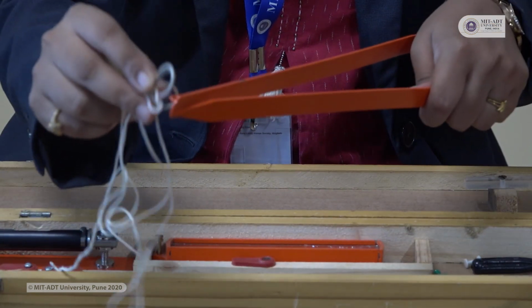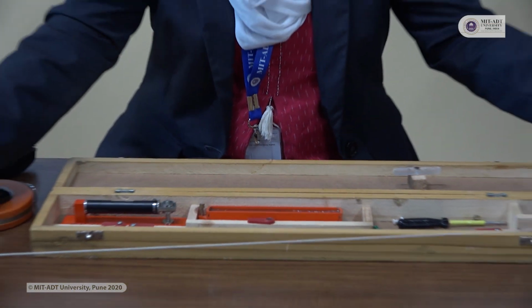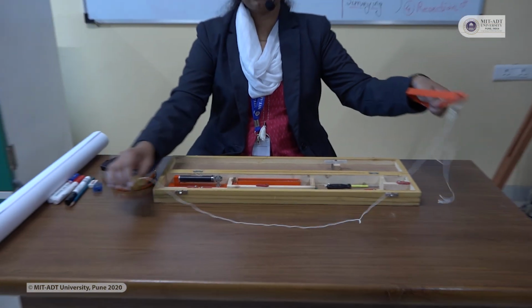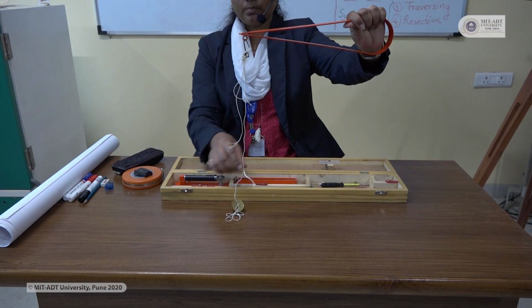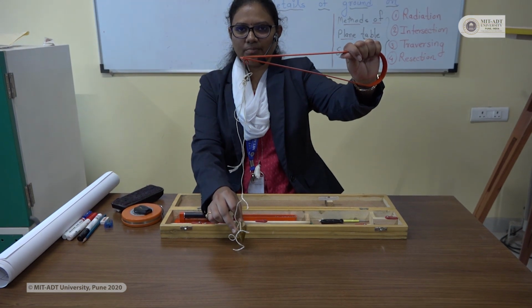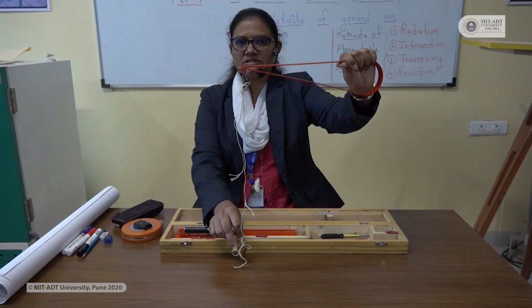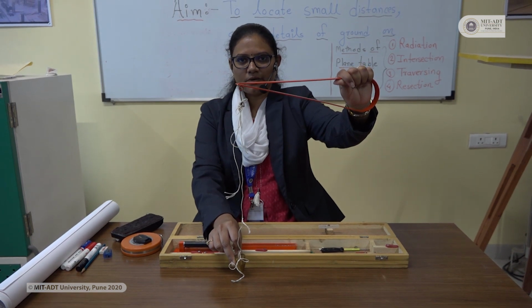It can be fixed on this ring, and you can use it for marking the point on the ground. Like this, you place it on the table and mark the point on the paper from the ground. This is very useful whenever you are marking points on the ground.